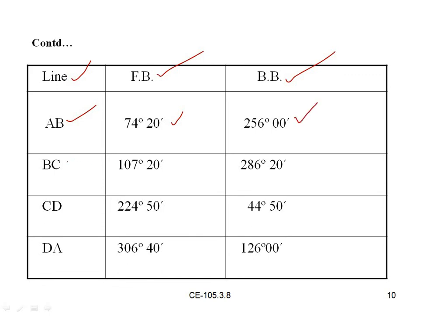Coming to BC, 107 degrees 20 minutes and back bearing 286 degrees 20 minutes. In CD, 224 degrees 50 minutes and CD back bearing is 44 degrees 50 minutes. Coming to DA, 306 degrees 40 minutes and back bearing 126 degrees 0 minutes.